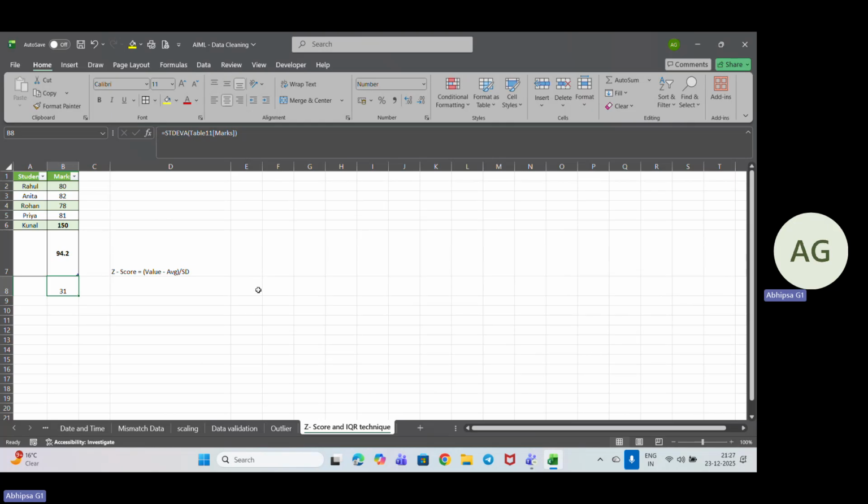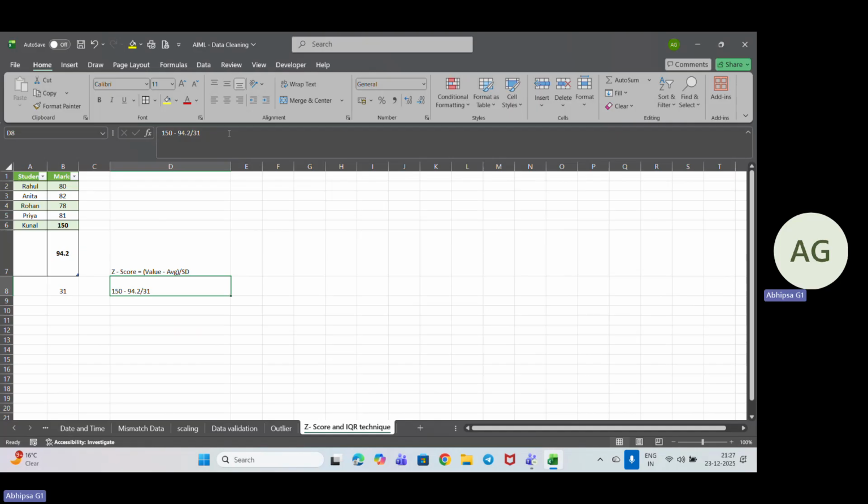Now we have to calculate it accordingly. Suppose we are trying to calculate this one, 150. So this would be 150 minus the average value, that is 94.2, and we will be dividing by the standard deviation, that is 31.